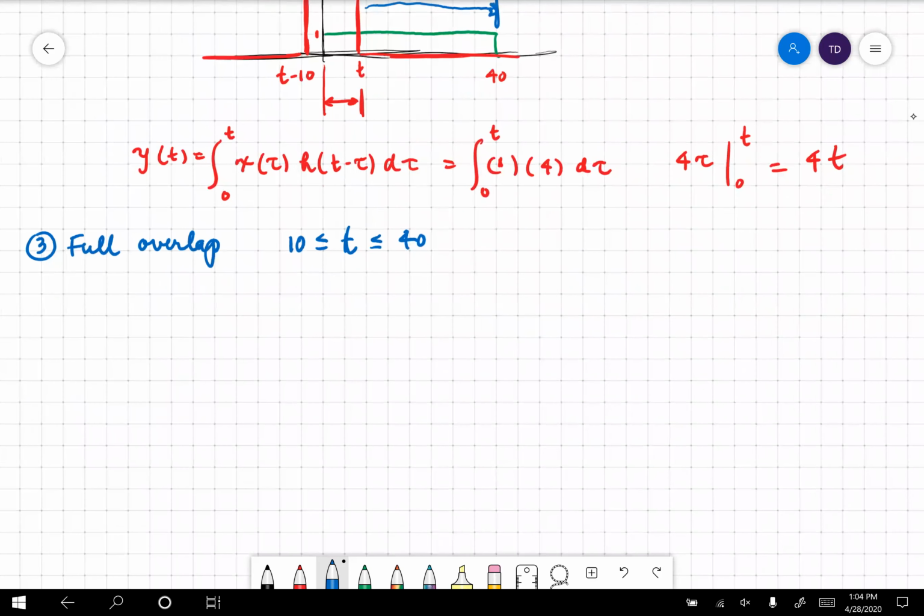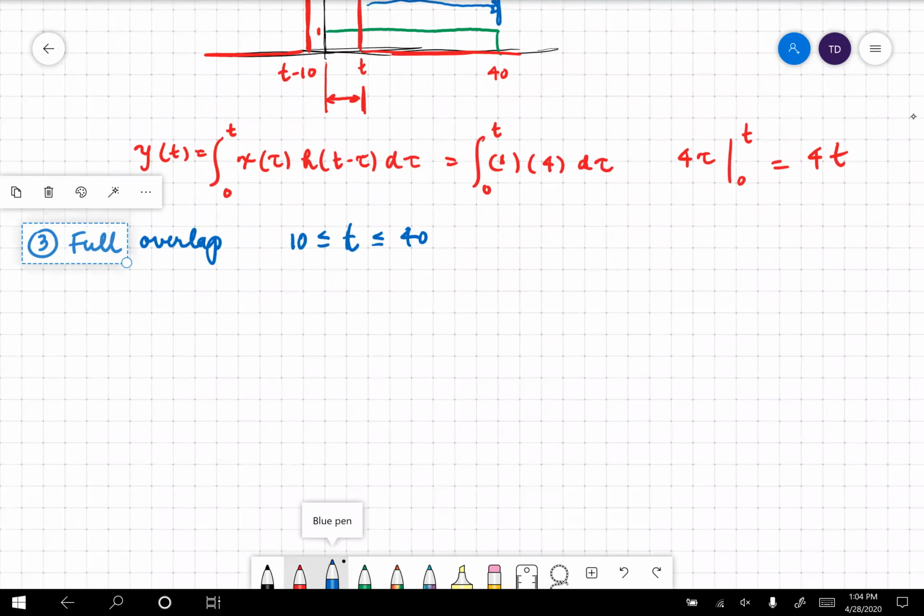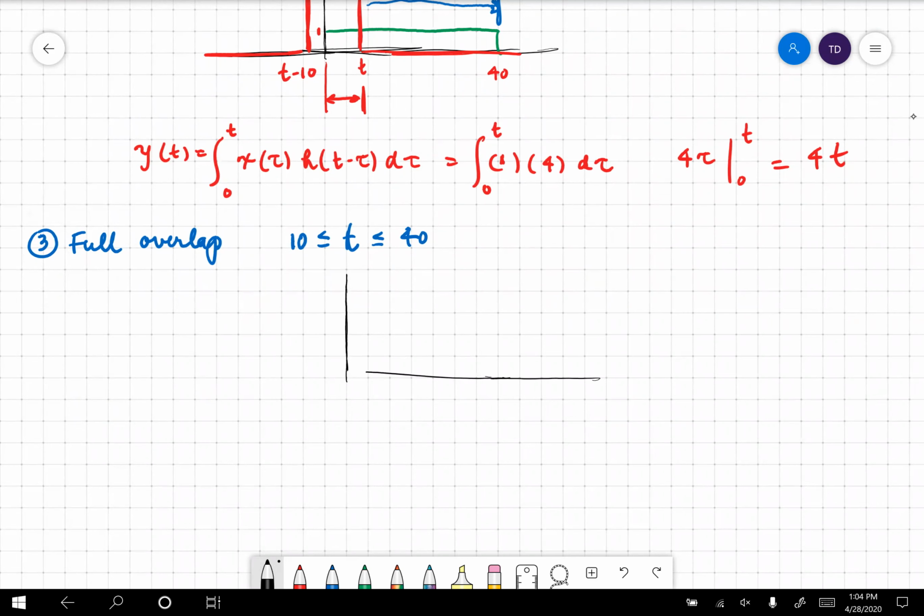So from 0 to 40, typical picture. So a typical picture looks like, so that's the green function.